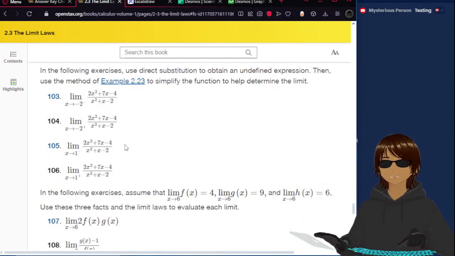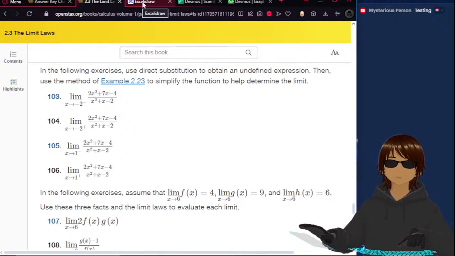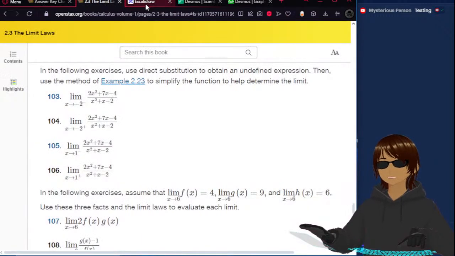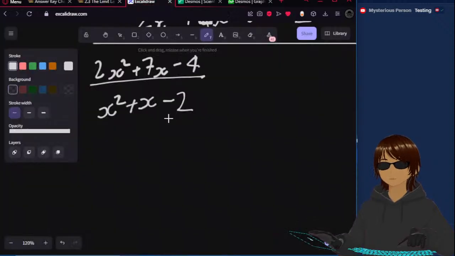So it's supposed to be undefined, but I'm supposed to find it somehow. Direct substitution would be undefined. And I will have to define it from the negative side.